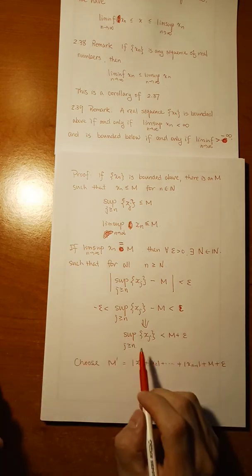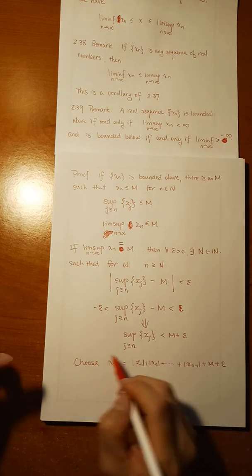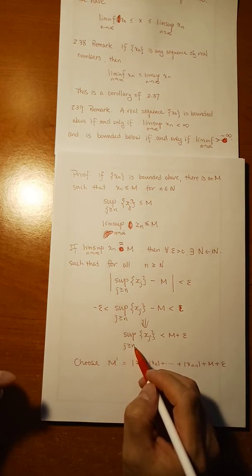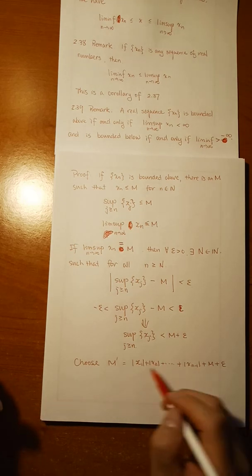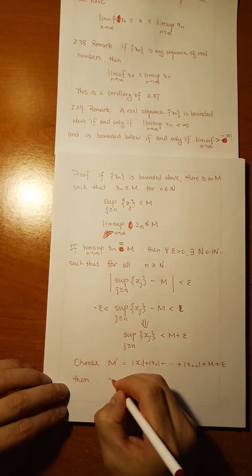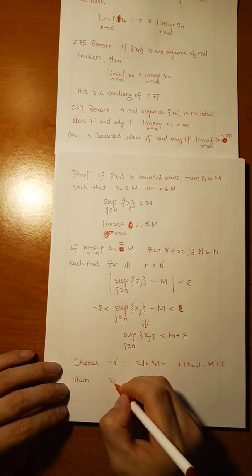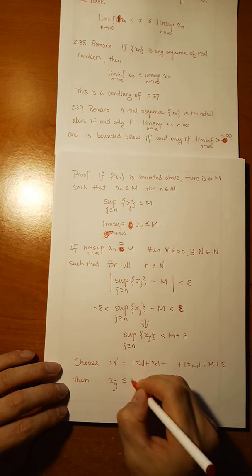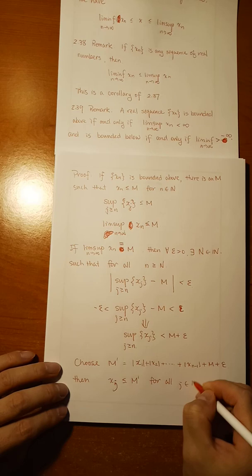This supremum controls the tail, so you still have finitely many elements with index less than n. So just add all of their absolute values. Then xj will be less than or equal to m prime for all j in the natural numbers.